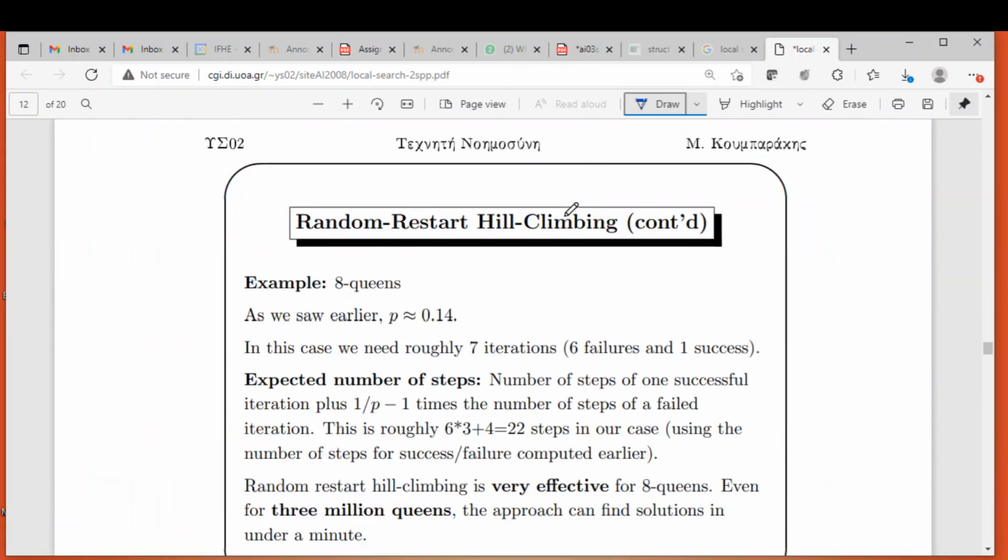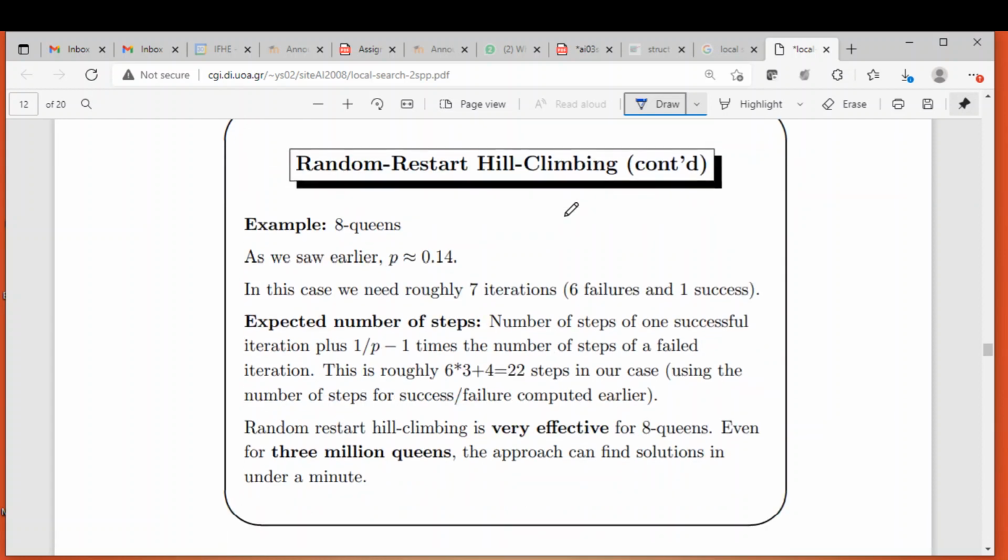So now we are bringing that particular problem here. What we are trying to understand is, in random restart hill climbing, how many times it should be restarted to find the solution.